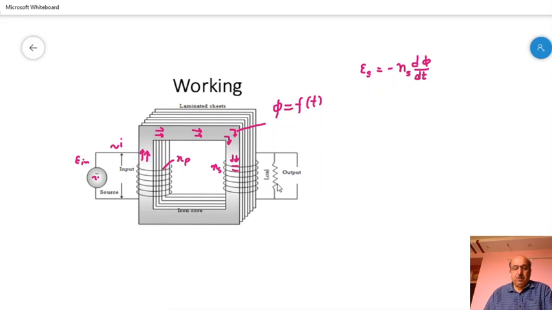So the induced EMF is produced between the ends of the secondary coil, and we will get the output, which is also alternating.